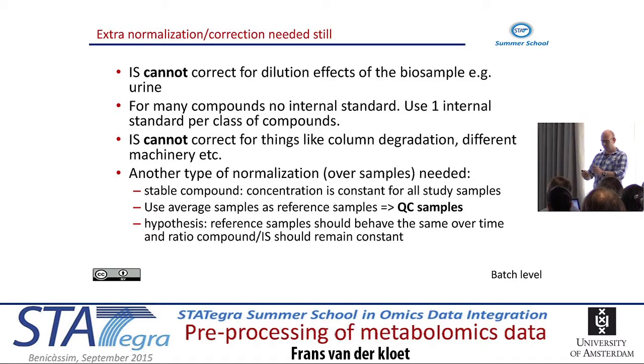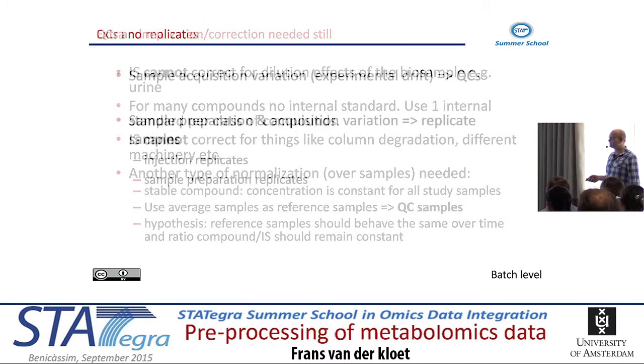I set aside part of it and make one mixture, so I've got a bulk of it, and then I can make more samples of it, which I can measure repeatedly, and which should have the same response over time, and also on different machineries. The hypothesis here is that the reference samples should behave the same over time, and the ratio over my internal standard should remain constant.